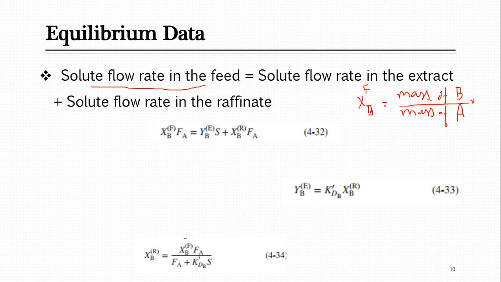So the mass flow rate of B over the mass flow rate of A, multiplied by the mass flow rate of this A. In that case, if I just cancel these two terms, what I will get is the mass of B. So that's actually my solute flow rate in the feed, the mass flow rate of B. So this part, FA, is the flow rate of A, and then there is the mean flow rate of this A, that will cancel and you will get this mass.